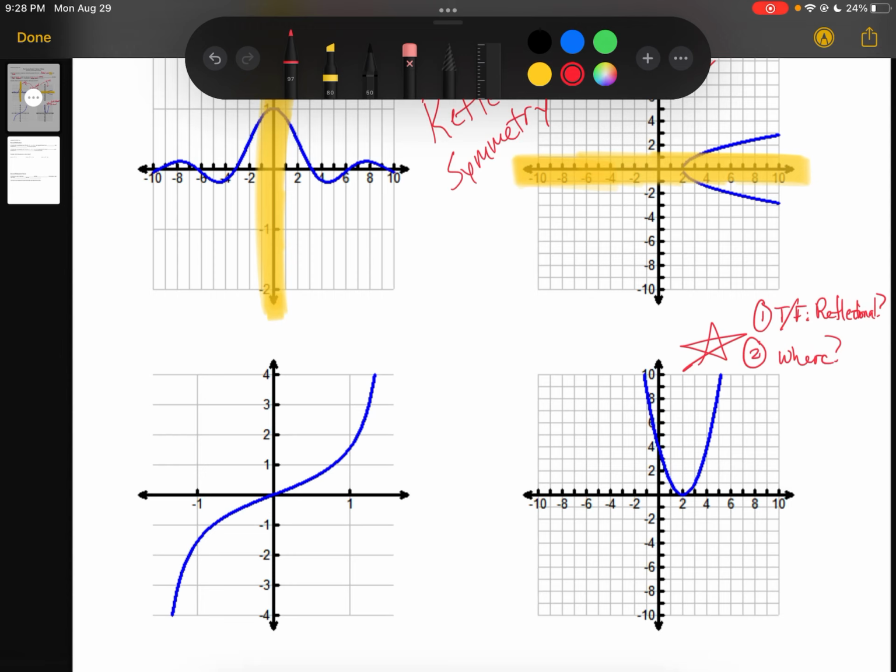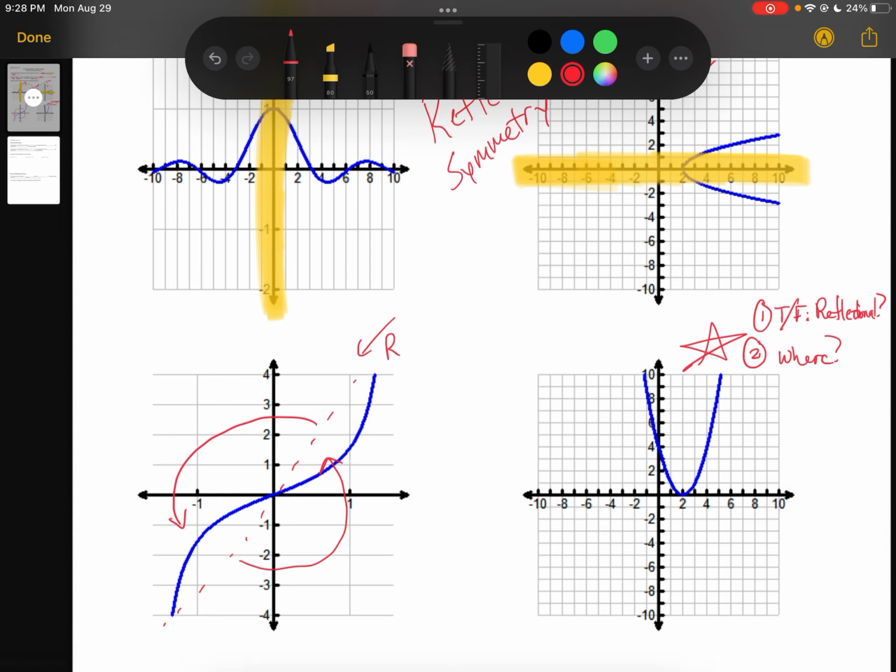All right, the second type that we're going to see here is rotational symmetry. And again, like I said, this is the idea that if you rotate something not fully 360 degrees, will it look exactly the same? So if we take an image of our graph down here and we rotate this line exactly 180 on both sides, what you're going to see, not a full circle, but half of a circle, it does exactly match up with the other parts of itself.